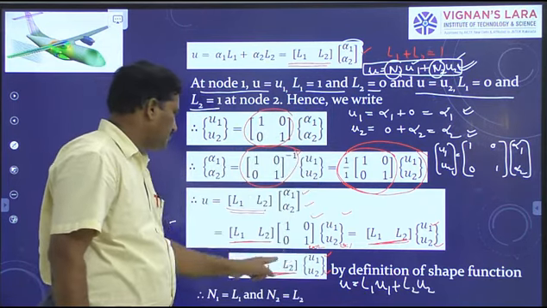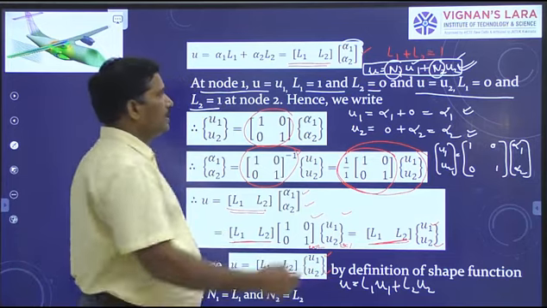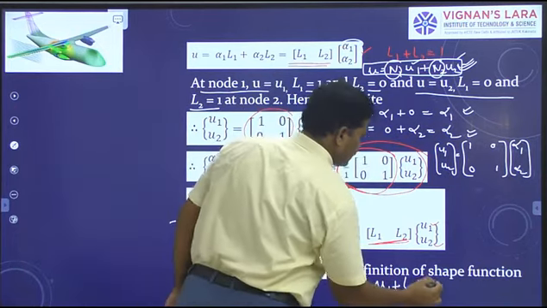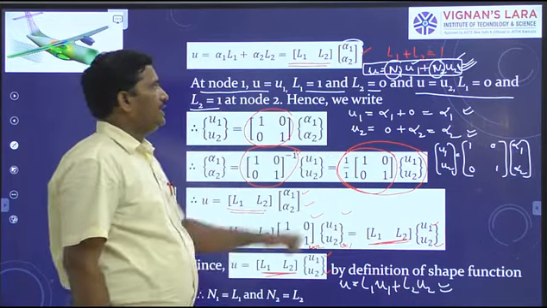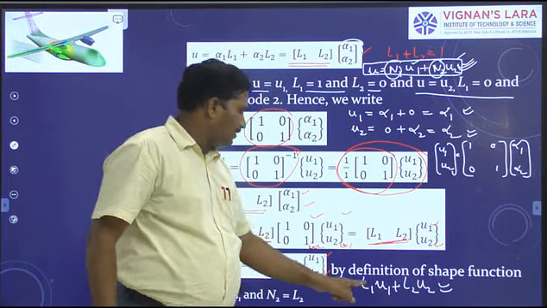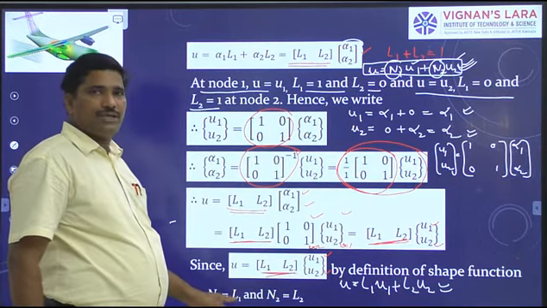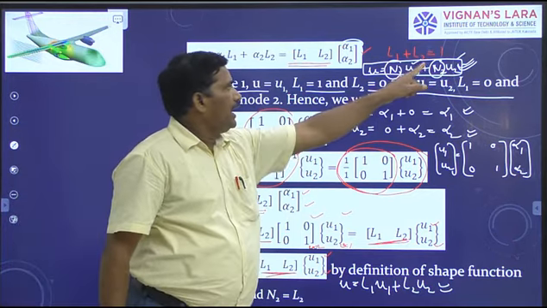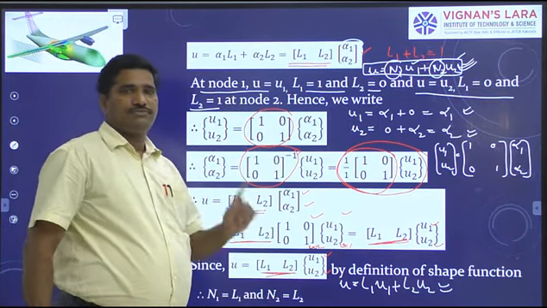When you multiply these two, you get like this. So compare this form with this. Then N1 equals L1. Then N2 equals L2.